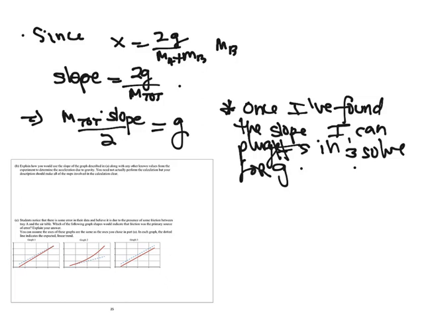Okay, finally in part C, students notice that there's some error in their data because they don't get a straight line. Which of the following graphs indicate that friction would be the primary source of the error?